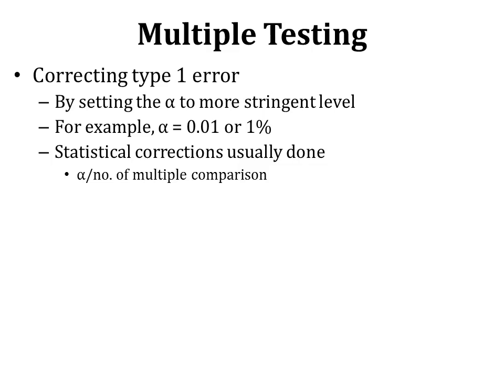These statistical corrections are usually done by dividing the level of significance by the number of multiple comparisons that you perform. So if the number of multiple tests that you're performing is 10 and your alpha level is the usual default of 0.05, then 0.05 divided by 10 is 0.005. So this is your new level of significance.